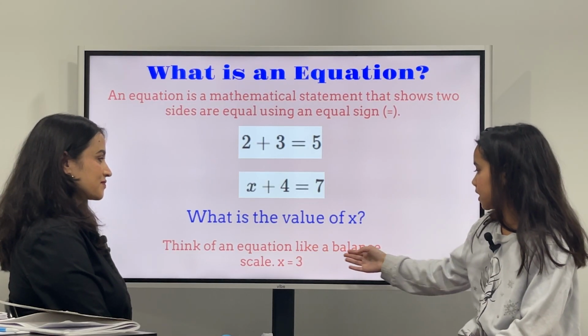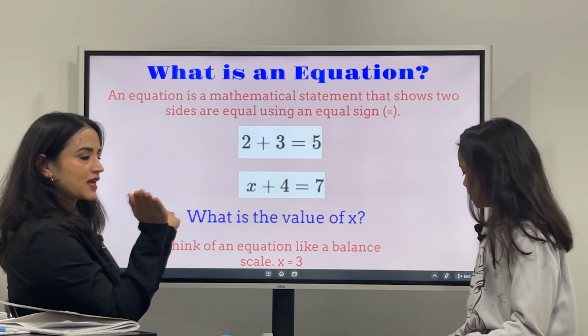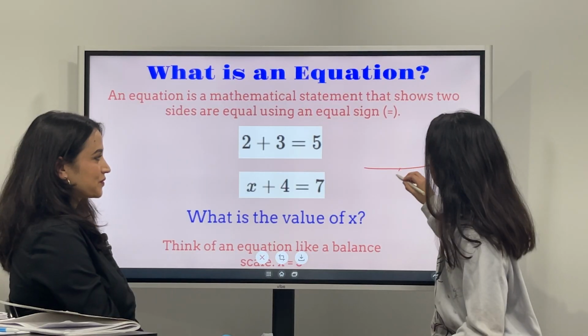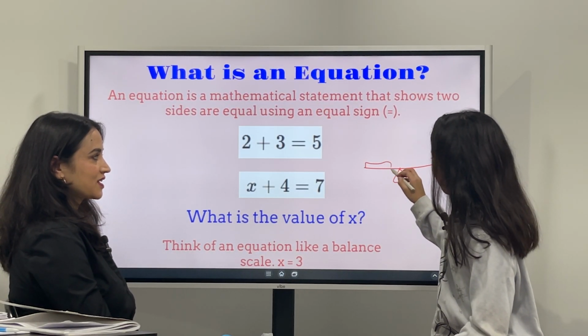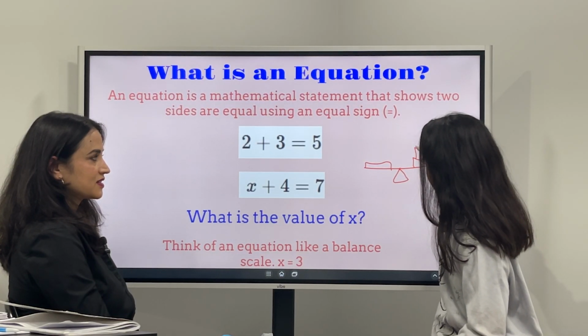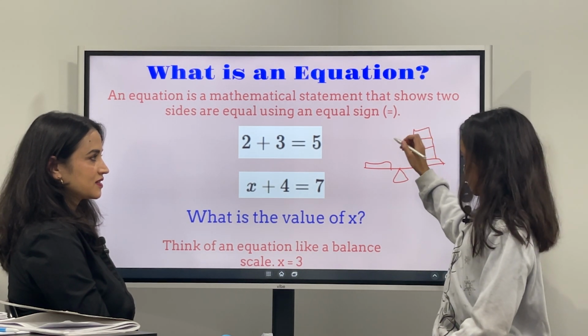Think of the equation like a balancing scale. If you guys don't know, a balancing scale looks kind of like this. And then you have like 3 bricks on top of each other. And then this one will go down, right?